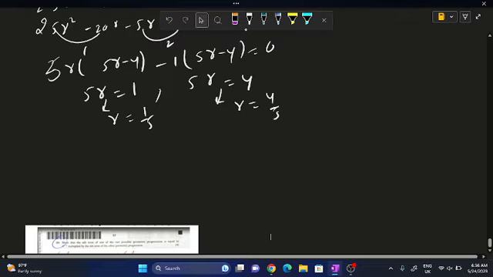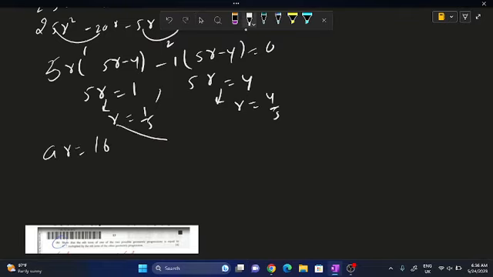I can go back to the question, that was ar equals 16. For two different values of r, definitely I have two different answers for a. That was the thing I had to work out. So plug in the relevant values of r.